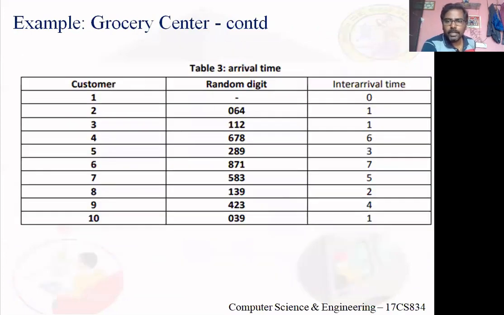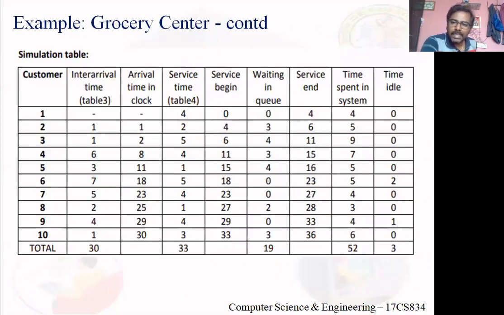To track that, I've used one more column, time idle, to track how long the server was idle. So the table is the same as the previous one except for the 3 extra columns: waiting time, time spent in system, and time idle.